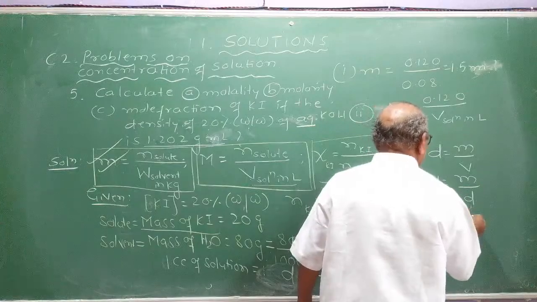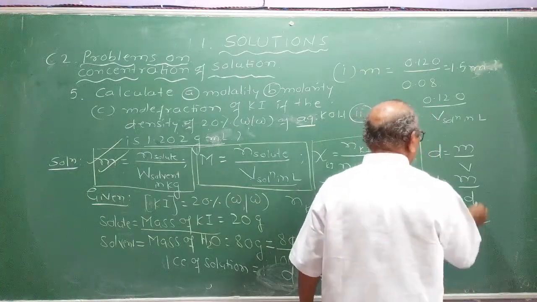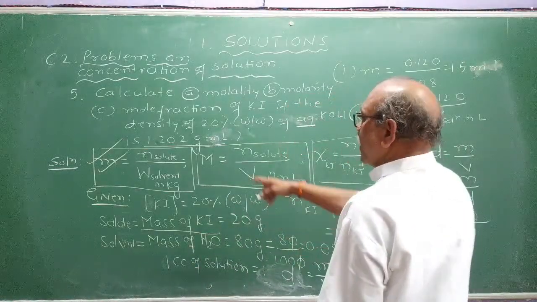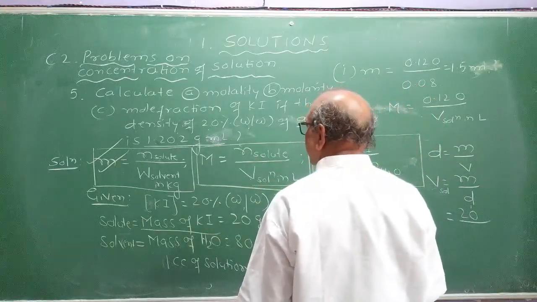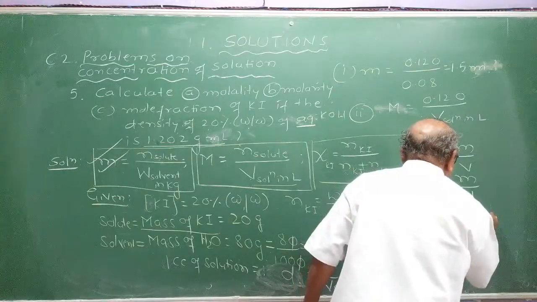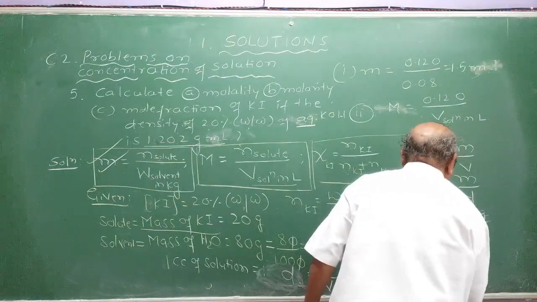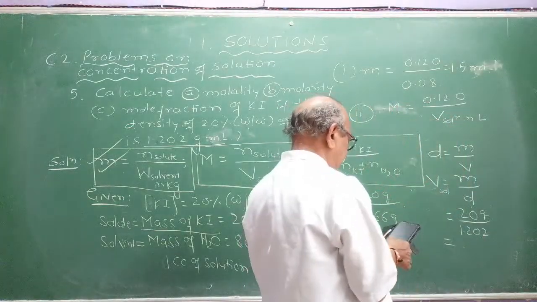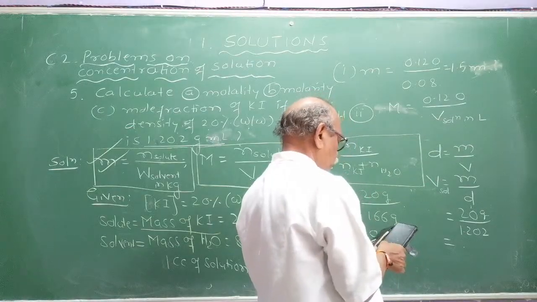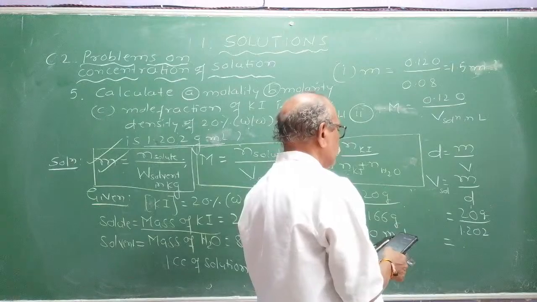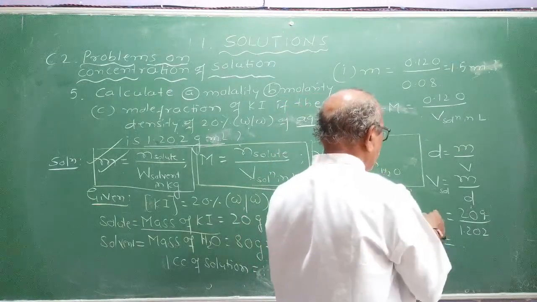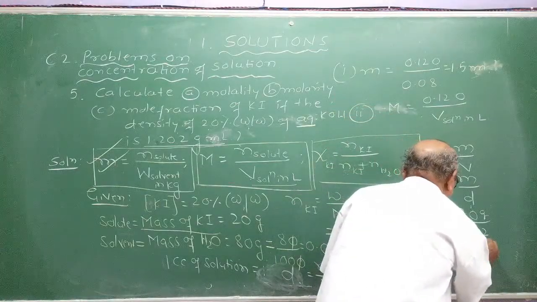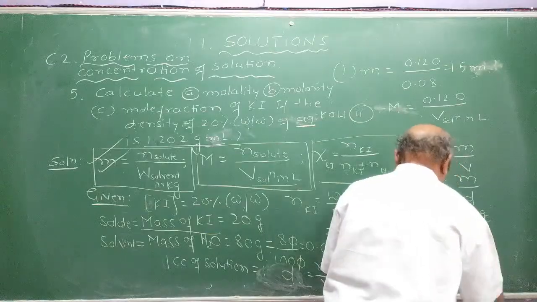Then you get the volume of the solution as 20 grams divided by the density, 1.202 gram per cc. 20 divided by 1.202 gives you 16.64. You can round it off.